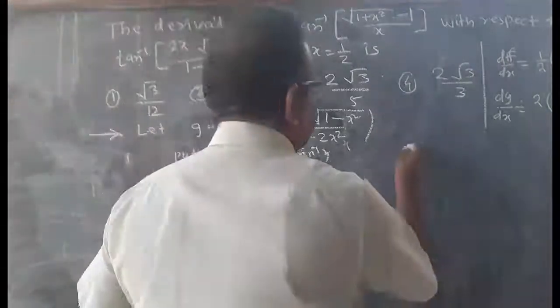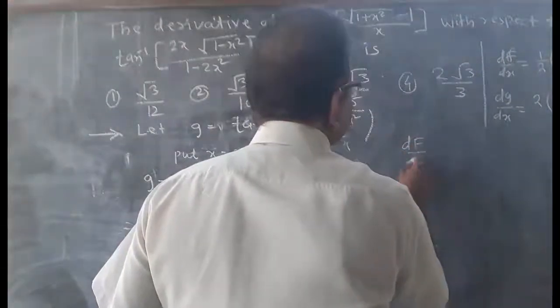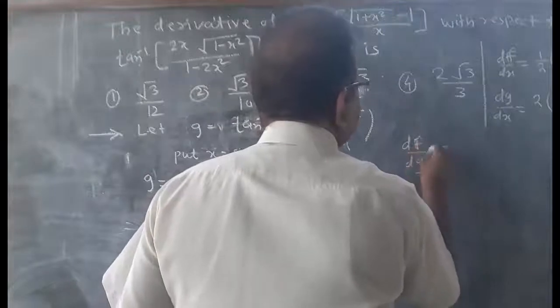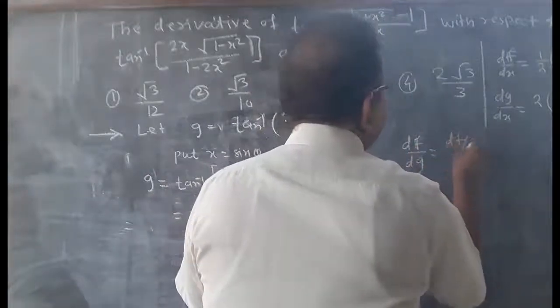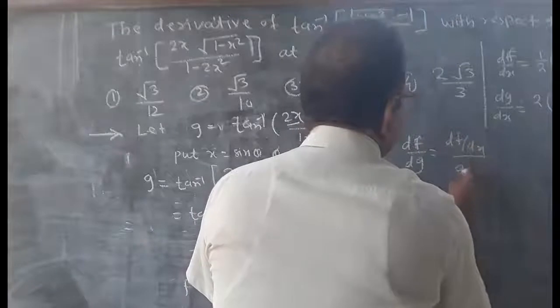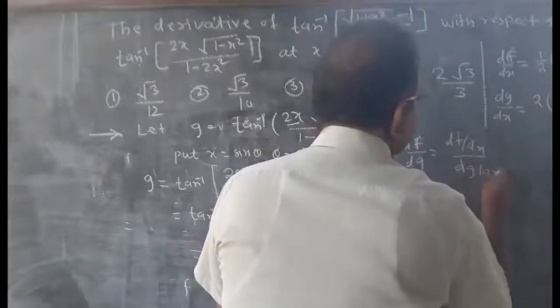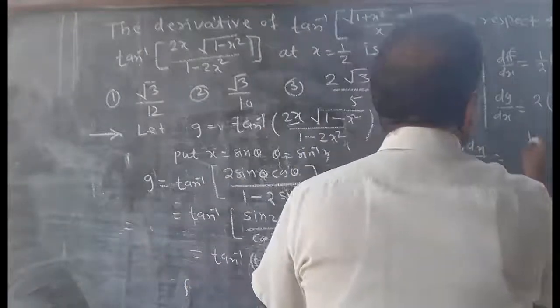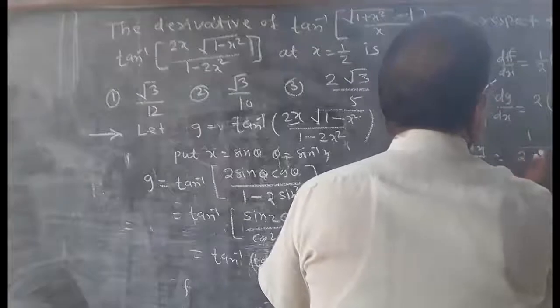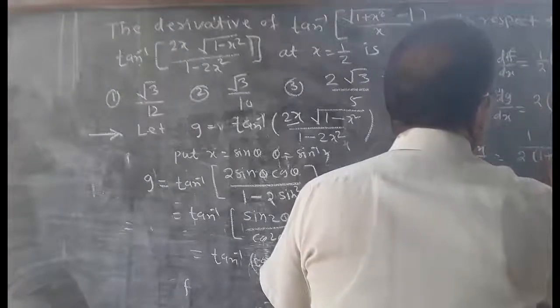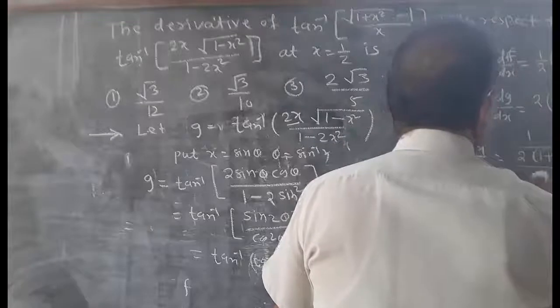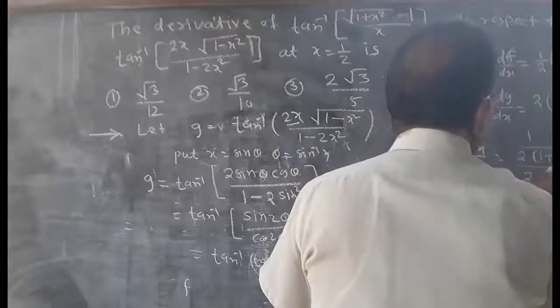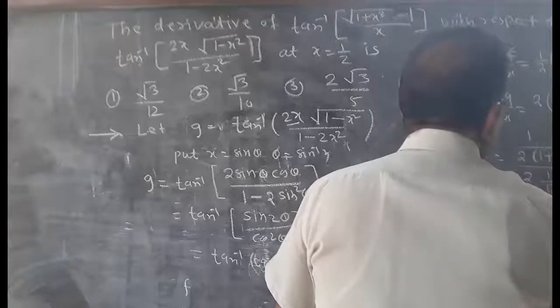That means we require df by dg. That is nothing but df by dx divided by dg by dx, that is nothing but 1 by 2 into 1 plus x square divided by 2 into 1 by root of 1 minus x square.